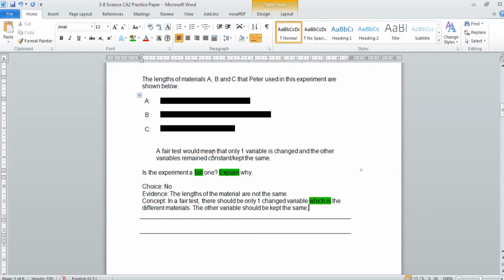In this experiment, the change variable should be the different materials and not the length of materials. So the other variables should be kept the same. This is the same format of writing that you should be doing, but of course, you need to read the question and change several parts, like these few parts, which are the different materials and the length of materials not being the same. Are we all clear?